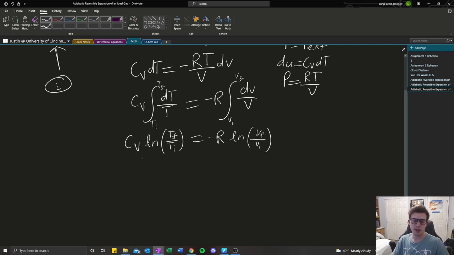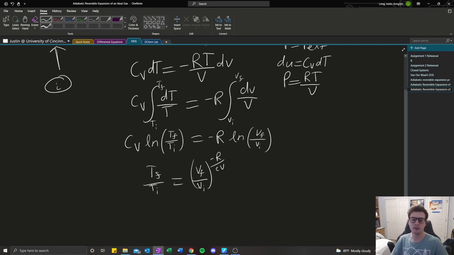And then we're just going to go ahead and raise it to the E power so we don't have to deal with the natural logs anymore. So, simplifying that, we get the final temperature over the initial temperature is equal to the final volume over the initial volume, all raised to the negative R over CV power.